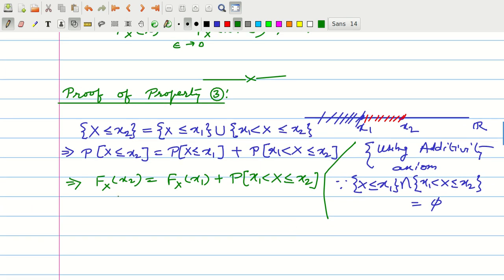So fx x2, which is always between 0 and 1, is equal to fx x1, which is always between 0 and 1, plus something which is always between 0 and 1. So because this term is always non-negative, it follows that fx x2 is always greater than or equal to fx x1. So that is the proof.